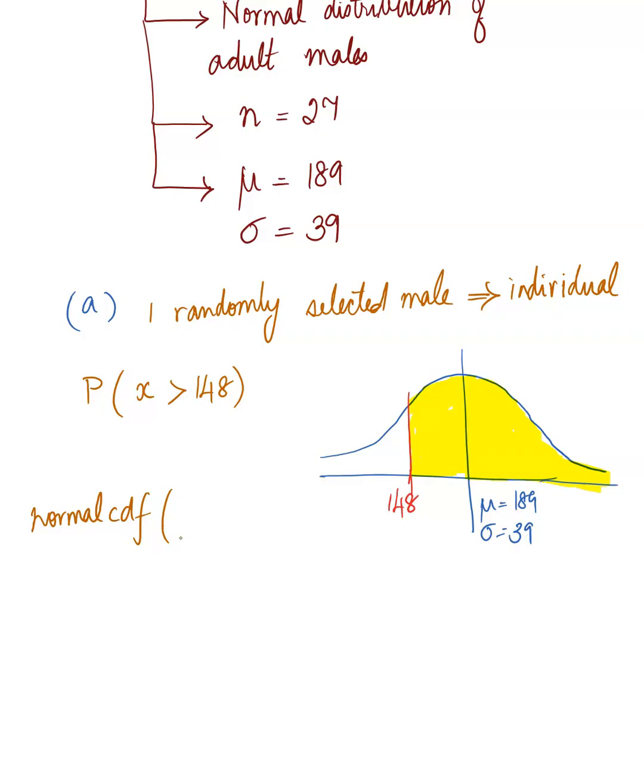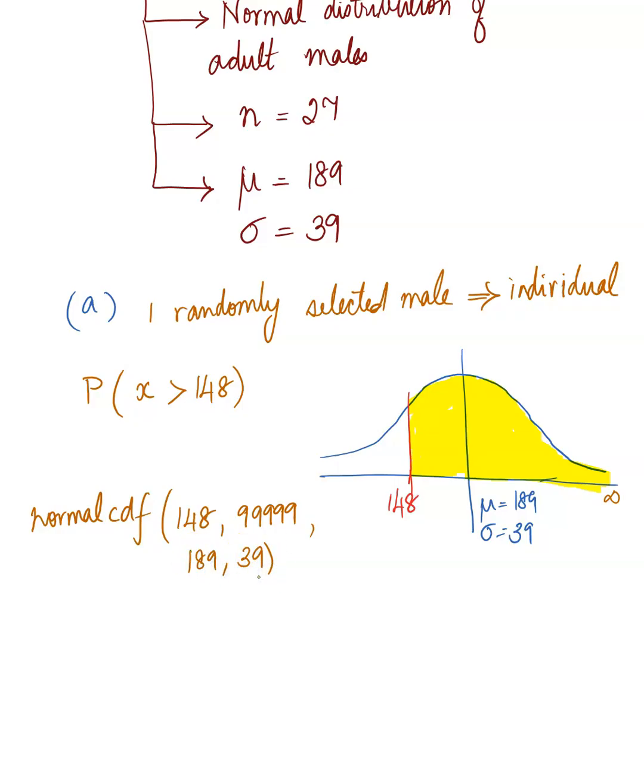Now look at your yellow shaded region and where does it begin? It begins at 148. So your lower value will be 148. What is your upper value? It goes all the way to the rightmost end, which is towards infinity. So you want to bring in a bunch of 9s to indicate that. And then mu is 189 and sigma is simply 39.